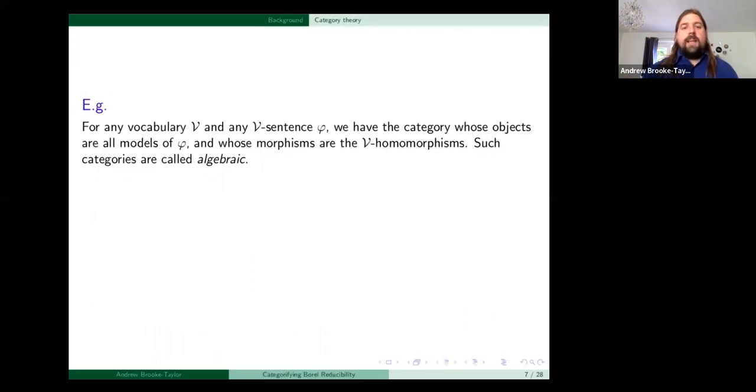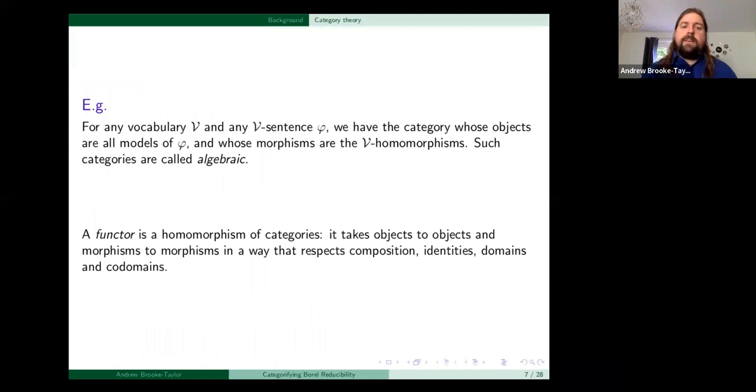Okay, so in particular, the example I gave before for first order structures, we have the category whose objects are all models for some formula and whose morphisms are the V homomorphisms. And so such a category is called an algebraic category. And then a functor is basically a homomorphism of categories. It takes objects to objects, it takes morphisms to morphisms in a way that respects composition, identities, domains, codomains.